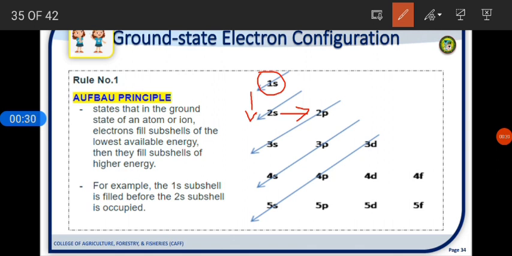Then 2p down to 3s. Then from 3s, the next is 3p. Then from 3p down to 4s. And then from 4s, up here to 3d.